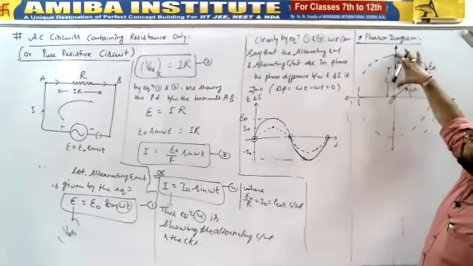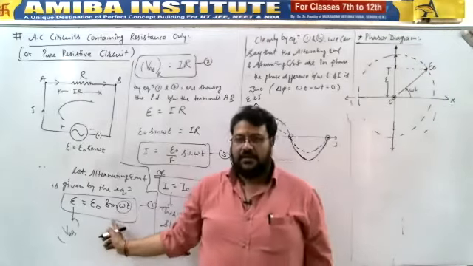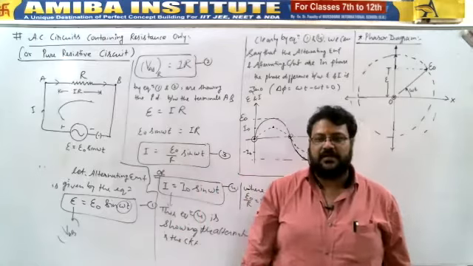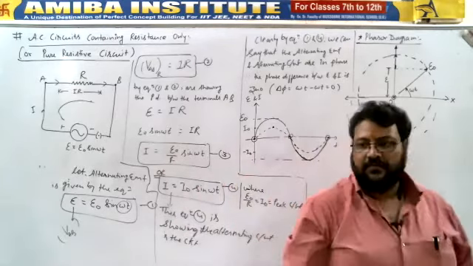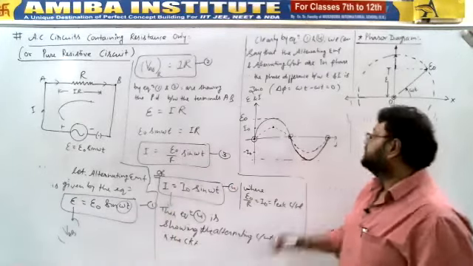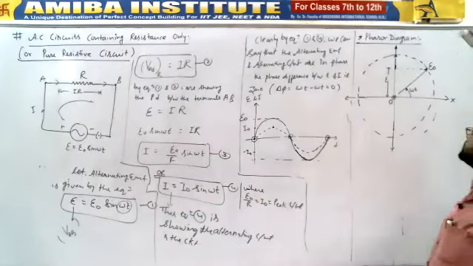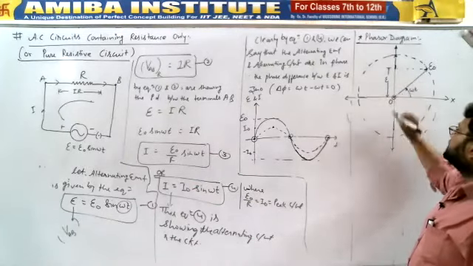So this value E naught will become the E only. Can you get it? At 90 degrees, the omega t value will be pi by 2, so sine 90 will be 1. So E is equal to E naught, done. Hence we can easily check the relationship between alternating EMF with respect to time by this phasor diagram.